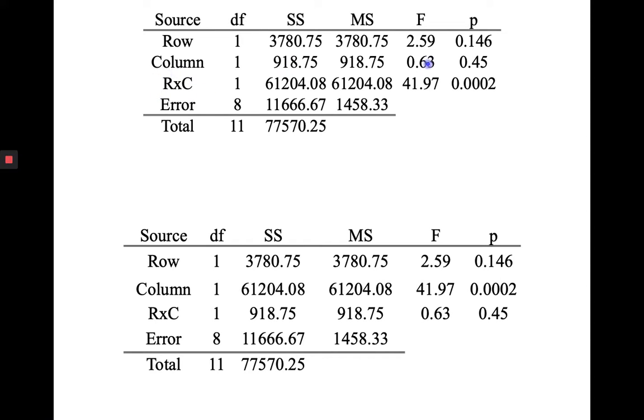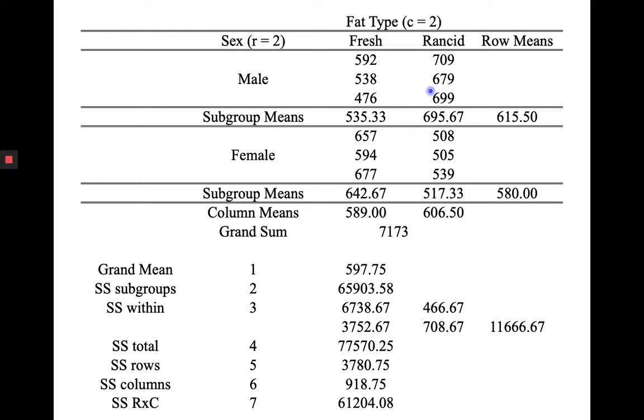As a result, column, which was the effective fat type, is no longer significant, just like row was not significant before. All of the variation in the data is due to males with fresh fat and females with rancid fat having similar growth rates, whereas females with fresh fat and males with rancid fat have higher rates of growth.